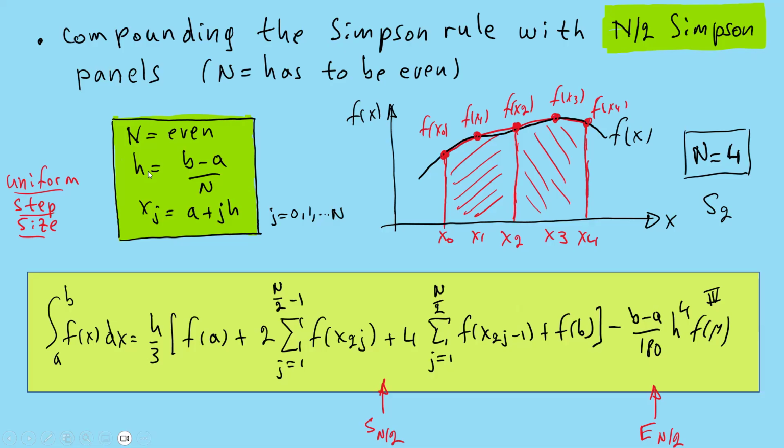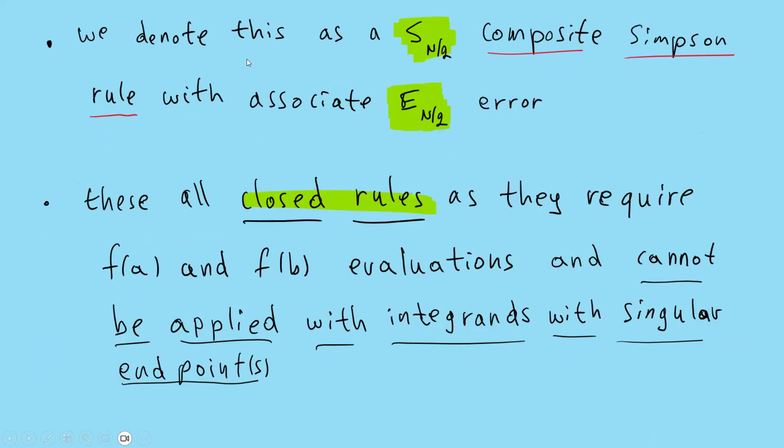And the step size for the compound rule is found based on this equation, b minus a over n. And again, n should be an even number. And we denote this as S sub n over 2, the composite Simpson rule with associated error sub n over 2.